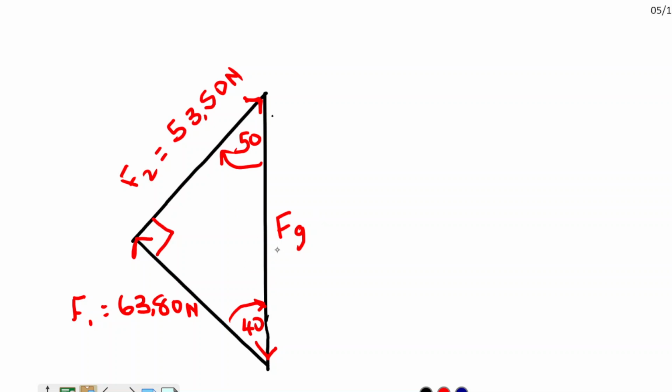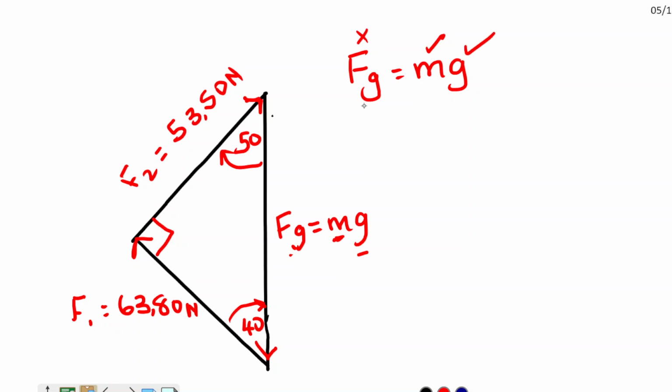The first method to find the mass: the weight is equal to the mass multiplied by g, which is 9.8. So we're going to use this formula now, FG is equal to mg. We need to find that mass, but we don't know what FG is.